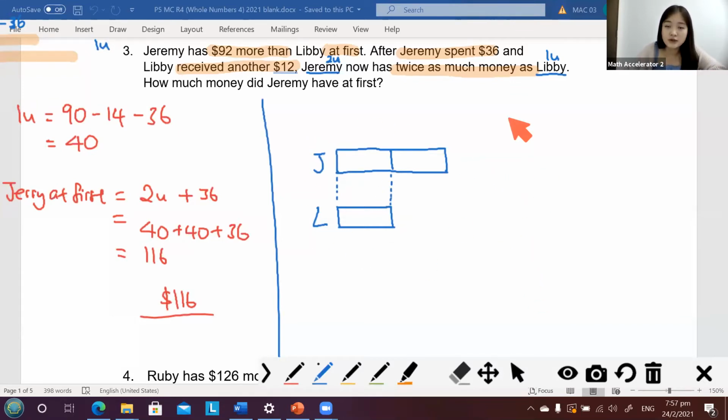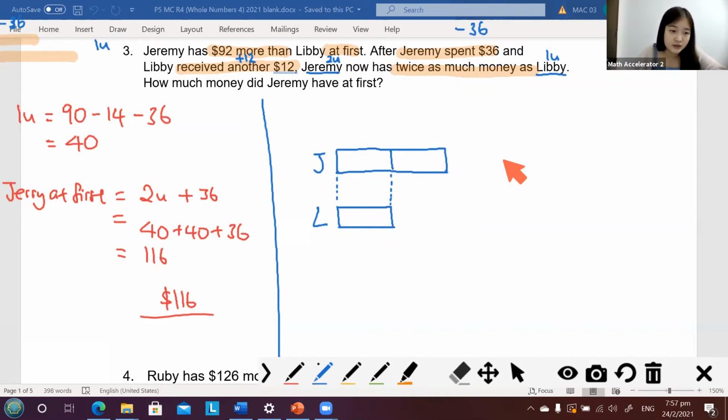Now we're going to check if we need to add on or subtract from the model. After Jeremy spent $36, which means he took away 36, and Libby received 12, so plus 12. When we want to work backwards, this 36, you minus 36 to end up here. To go back to the start, what do we do?